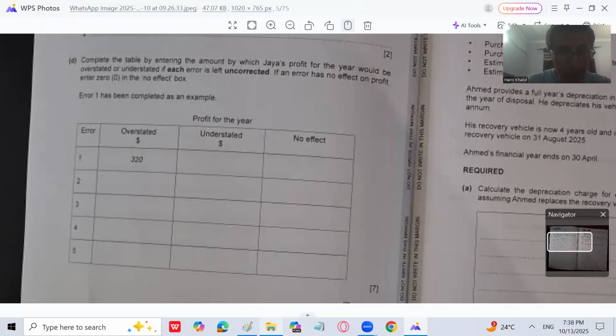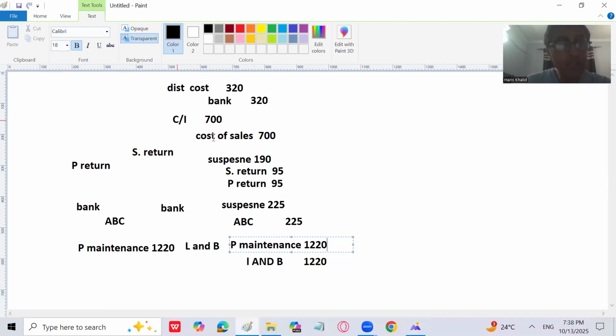Next, you can do it in the same way: closing inventory to cost of sales. Cost of sales is credited. Closing inventory is an asset, a current asset. Cost of sales is an expense. It is credited, so it will increase profit for the correction of the error. If you want to find the corrected profit, any income statement account that is credited will increase profit, right?